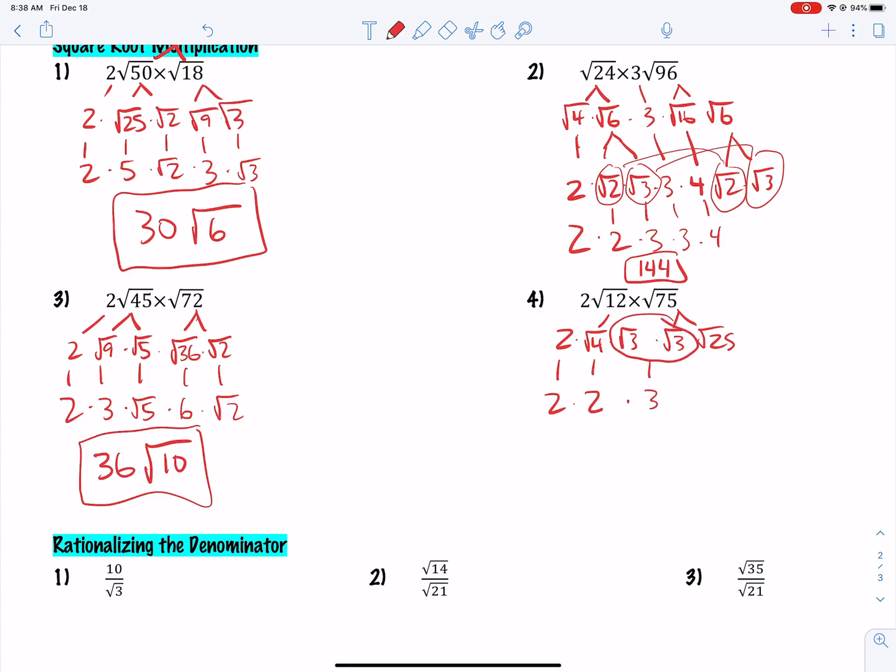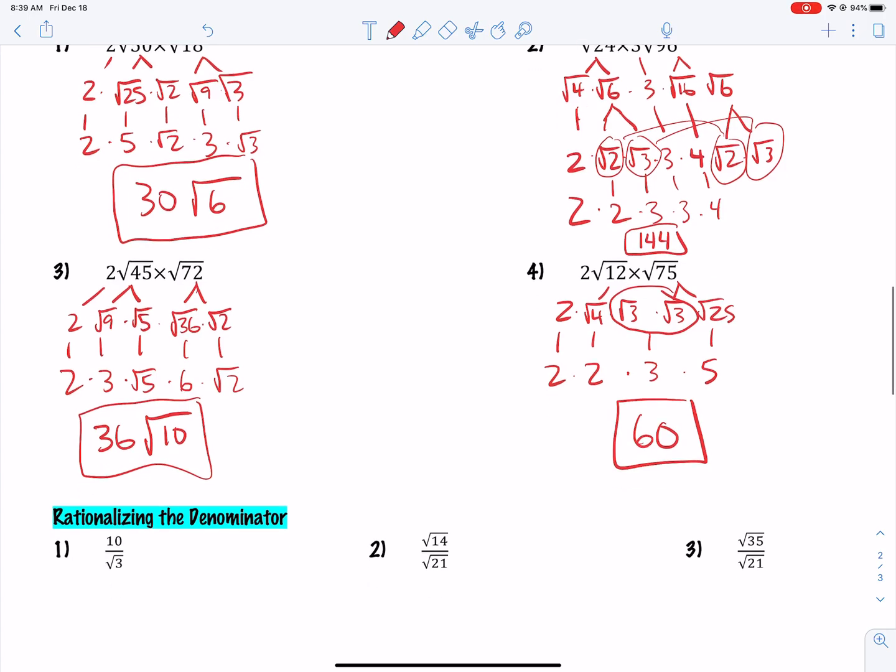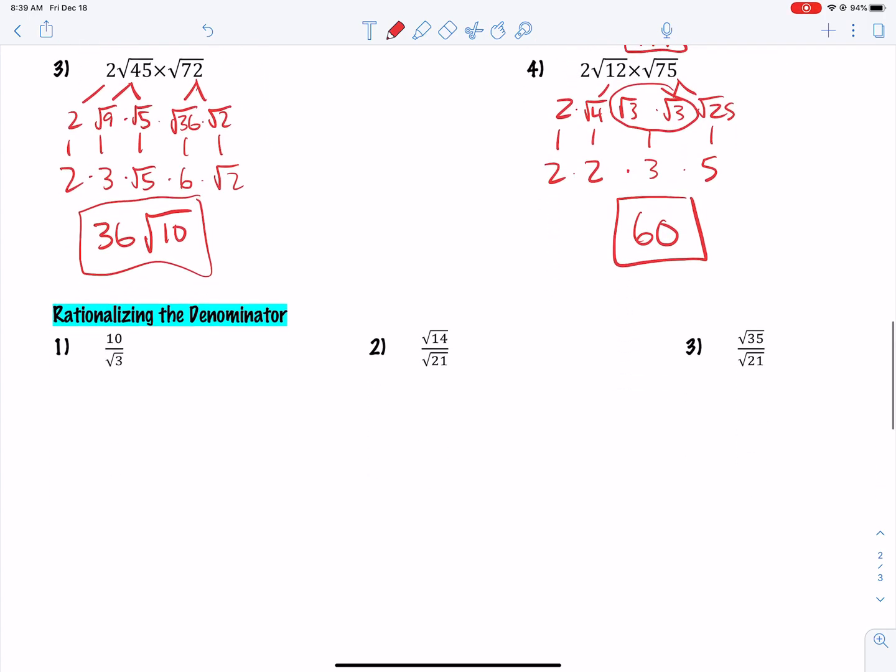So those can turn into a 3 because radical 3 times radical 3 is 3 and radical 25 is 5. So again, I got rid of all my radicals here. So this is 2 times 3 times 5 or 60. And that's that.